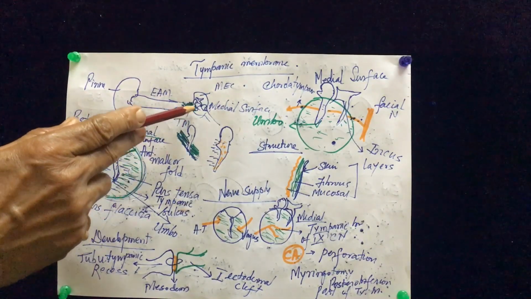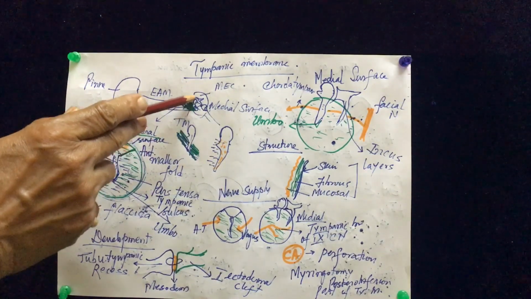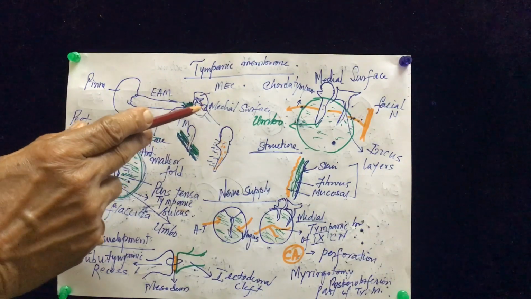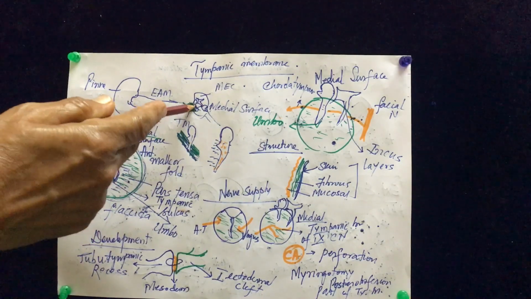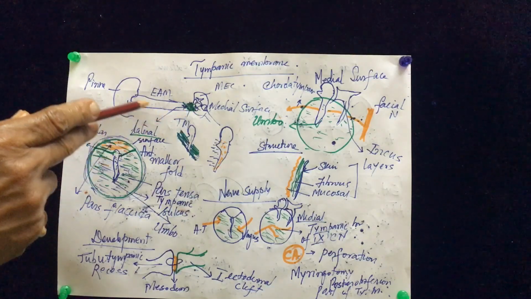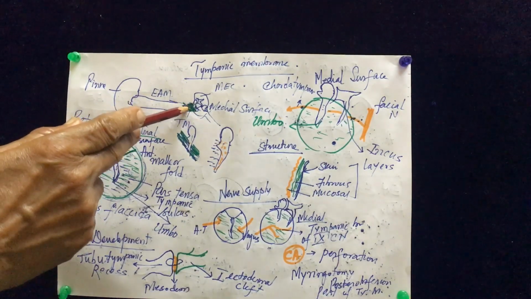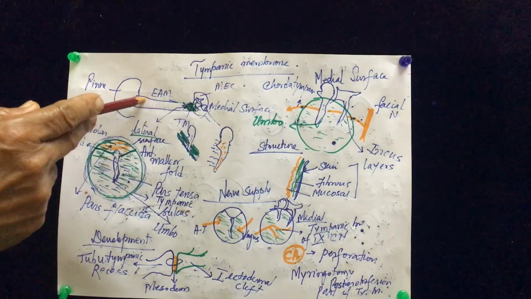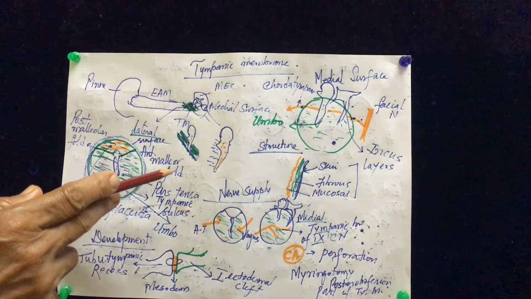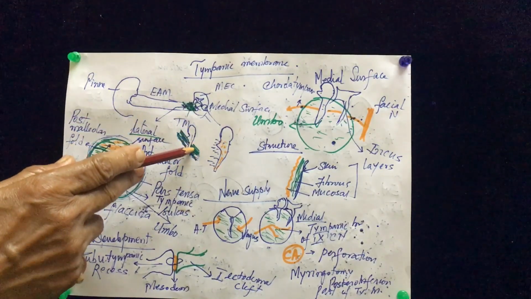The middle ear cavity mainly contains three ossicles. The lateral wall of the middle ear cavity is bounded by the medial surface of the tympanic membrane, and the lateral surface is towards the external acoustic meatus. To this medial surface, the malleus is attached.